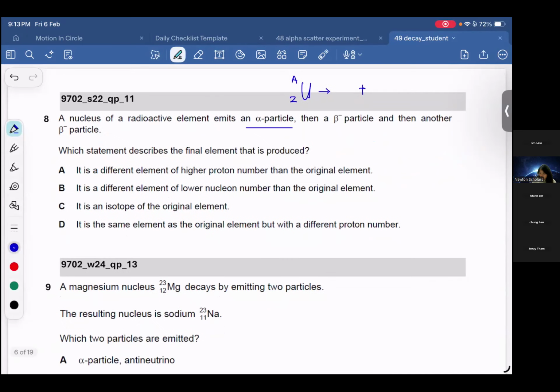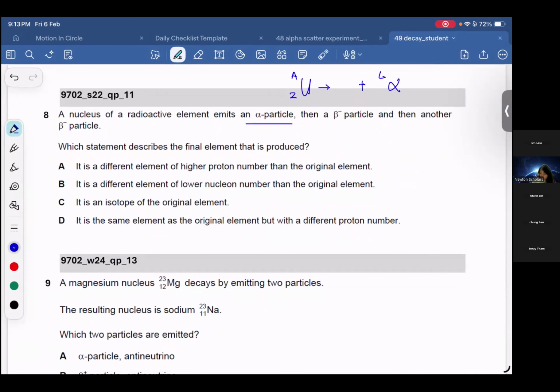Okay, here. So it will have an alpha, 4 over 2, and it will have a beta and again a beta. That means I got a total of two beta. Okay, beta minus. So it's 0, negative 1 here. Okay, what is my new element? Can you see that we look at the bottom part here, 2, then plus 2, negative 2.